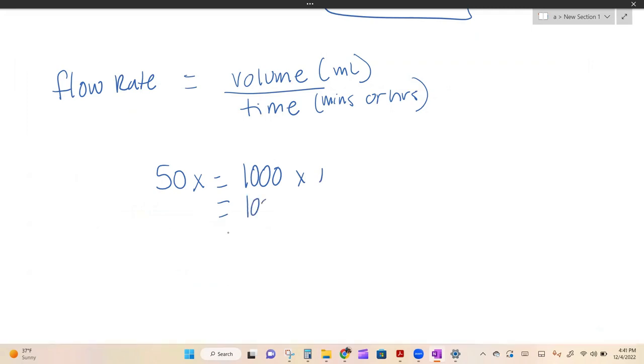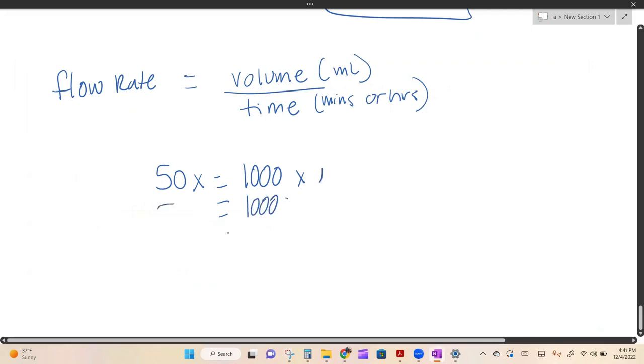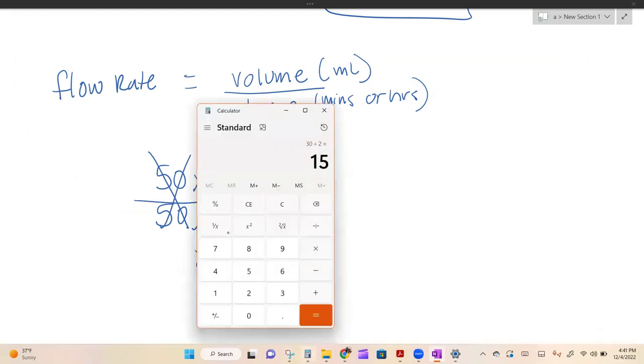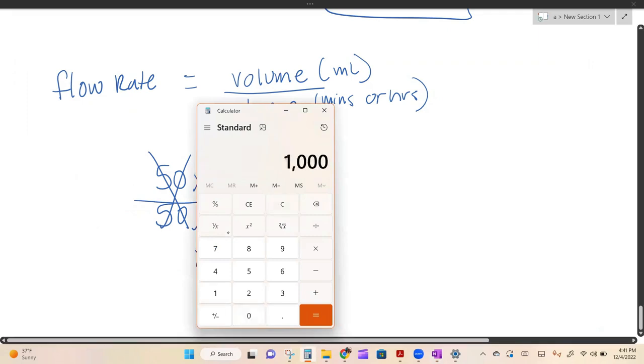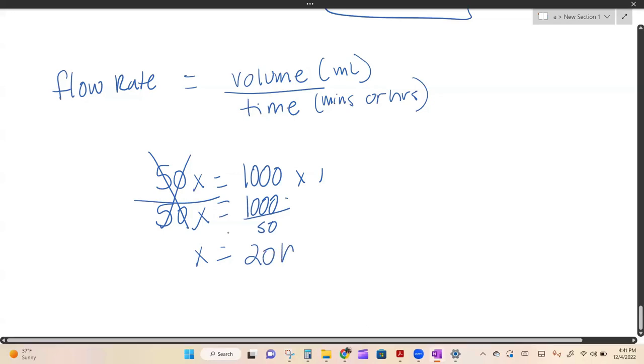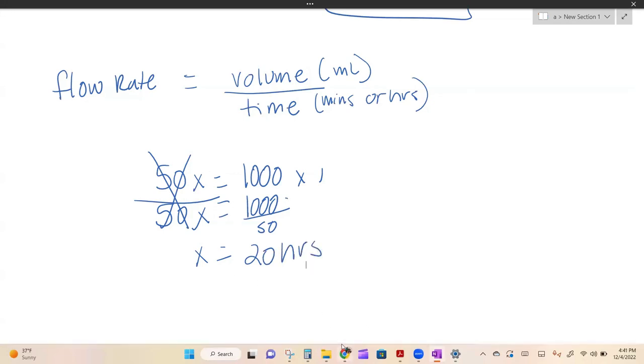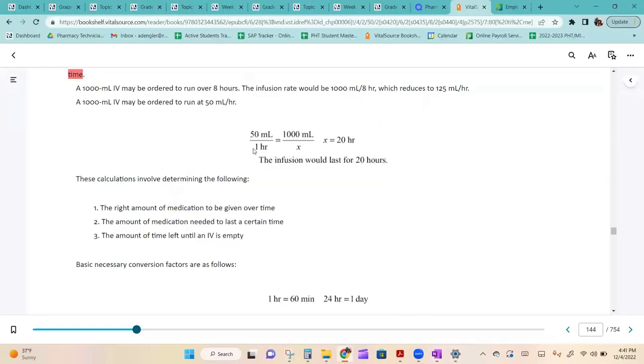So 1000 times 1 is 1000. And we want to get x alone, so we're going to divide both sides by 50. Now we have x, and then of course we have to divide that by 50, which would give us 20 hours. And I didn't set up the proportion, I just did the math, but this is exactly how the proportion would be set up.